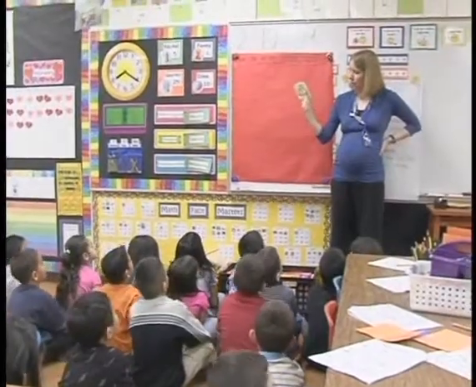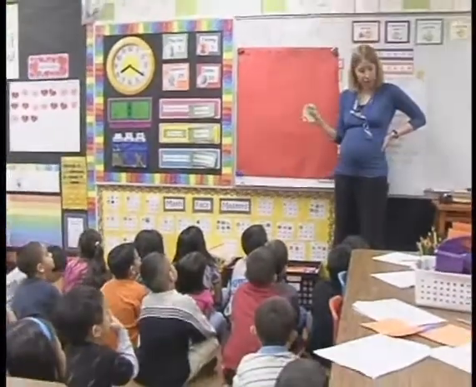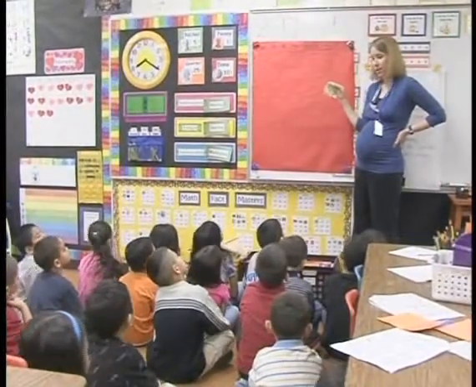Actually, my room's changed quite a bit since the beginning of the year. Talk about that. I did. I set it up like I set it up last year, and I quickly realized it wasn't quite going to work because there was more stuff I needed to put on the walls that I didn't have on the walls. I've changed it quite a bit. I didn't have storage areas that were accessible to students at the beginning of the year.